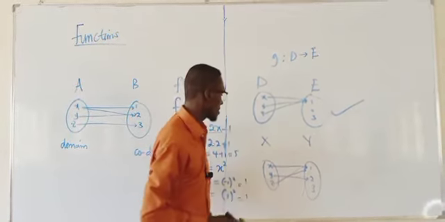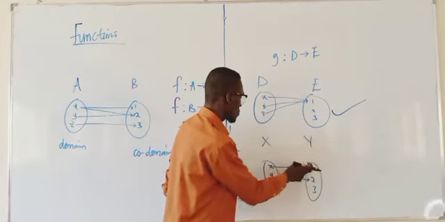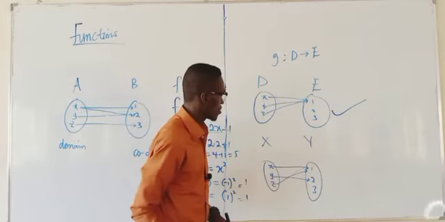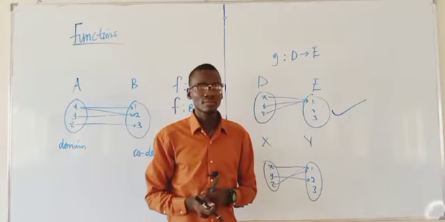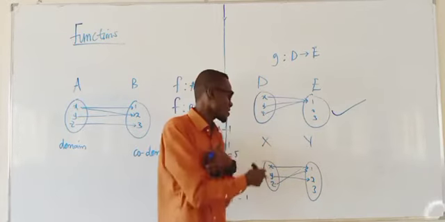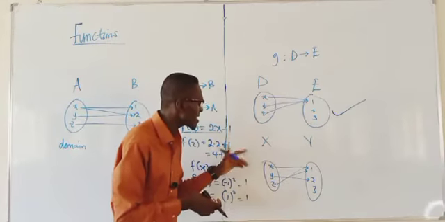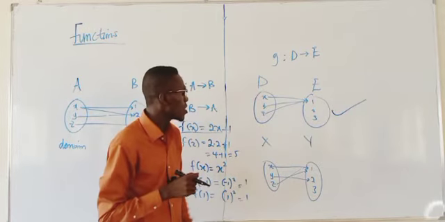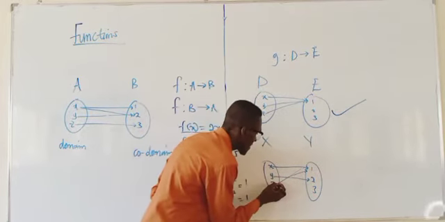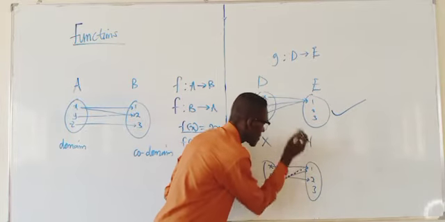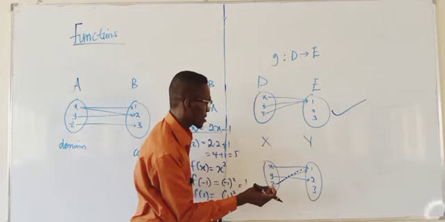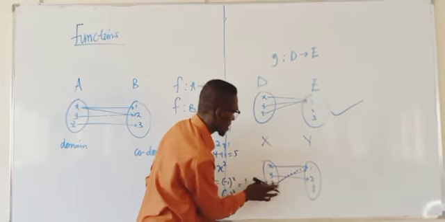Yes. So how about this? I'm having x, y, z, x mapped to 1, y mapped to 2, and z mapped to 1. Is this a function? No, it's not a function because we said each element in the domain should choose just one element in the codomain. So look at this. Sorry, I have a mistake.